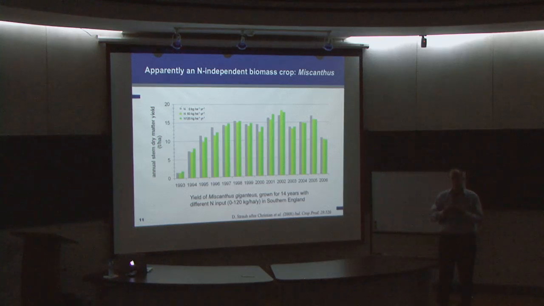You plant rhizomes of this grass, and in the first year, the yield is not very high from this plantation, but in the second, third, fourth year, you have almost optimal yield, which can be in the range of maize biomass yields.